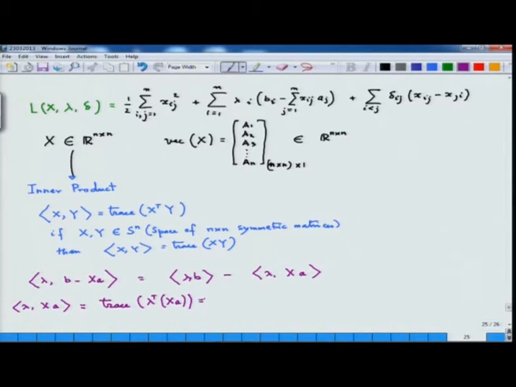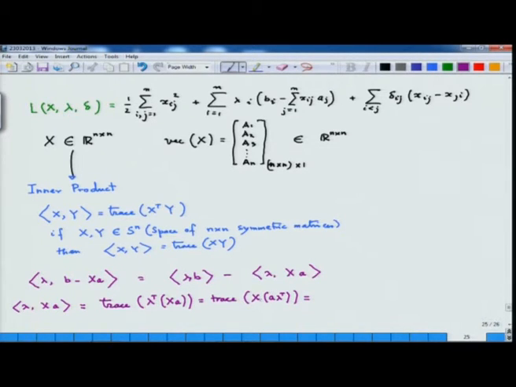So, this can again be written, using the associative law of matrices, as the trace of X A lambda transpose. See, this A lambda transpose is not a symmetric matrix.